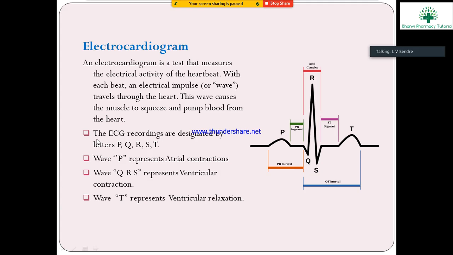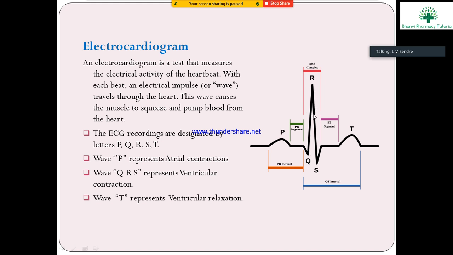First, the ECG recording is designated by the letters PQRST. The wave P represents atrial contraction. Next, the wave QRS represents ventricular contraction. This is the atrial contraction. This is the ventricular contraction. Atrial contraction and ventricular contraction together take about 0.7 seconds.